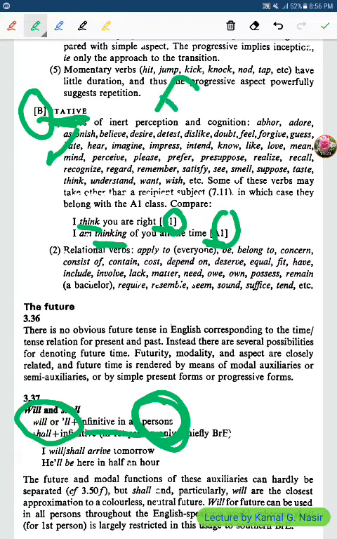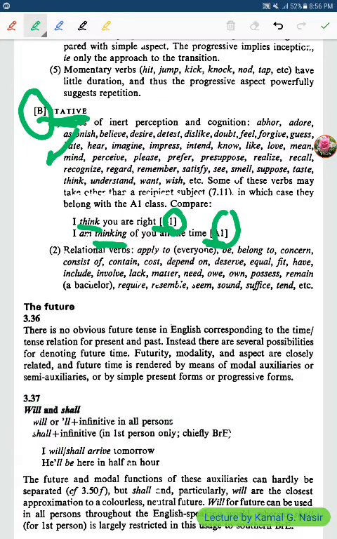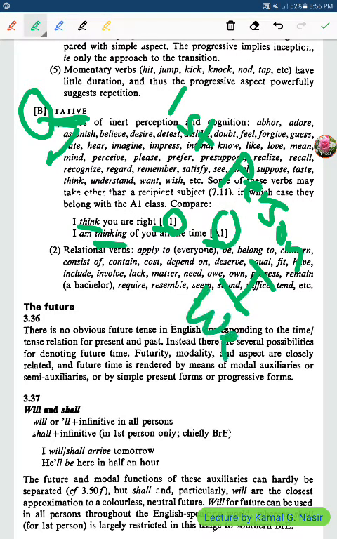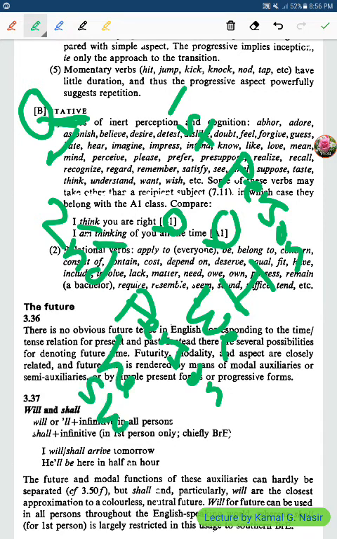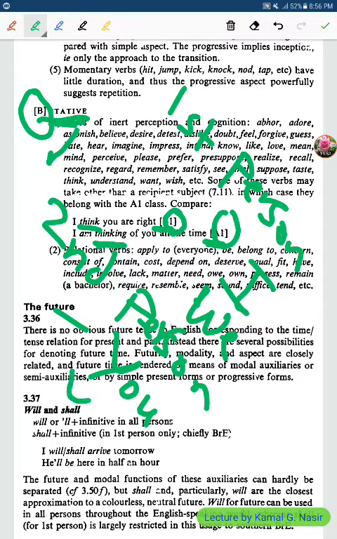We have first person, which is I and we, and second person, which is you, singular and plural.